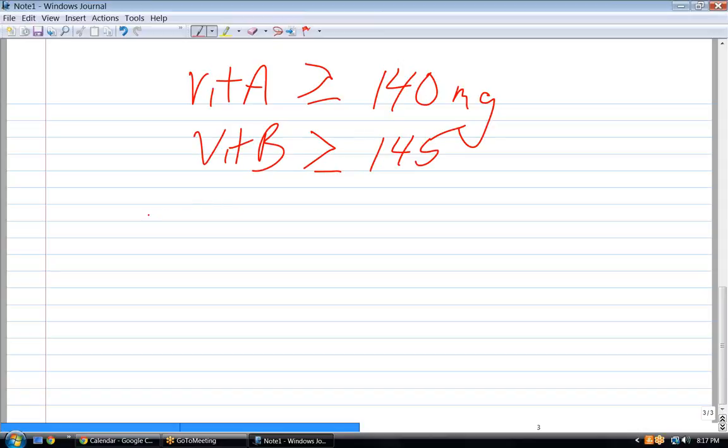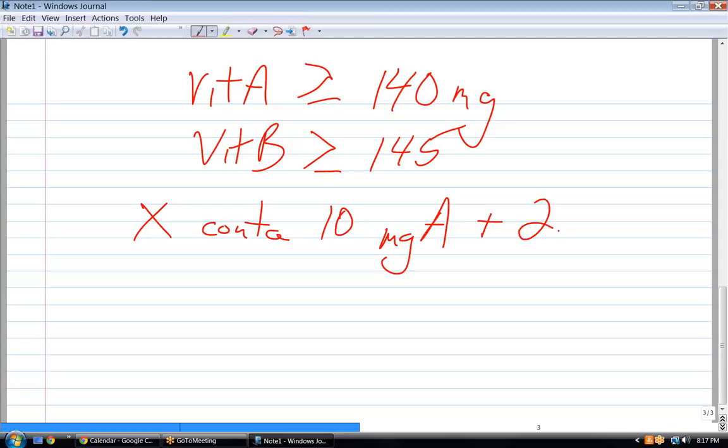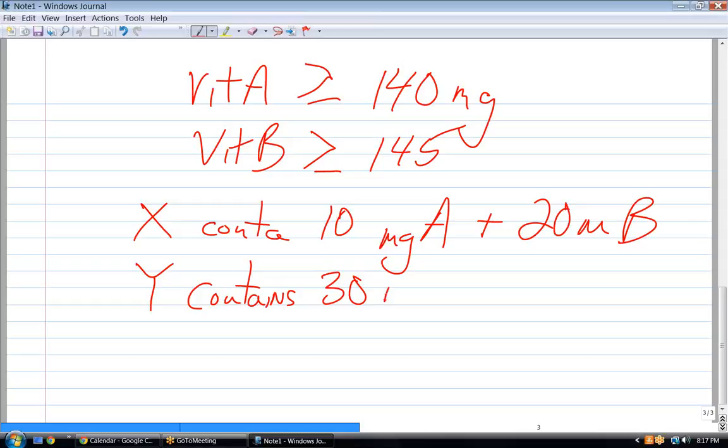Type X contains 10 milligrams of vitamin A and 20 milligrams of vitamin B. Type Y contains 30 milligrams of vitamin A and 15 of vitamin B. Oh, and each of those are per pound, sorry.